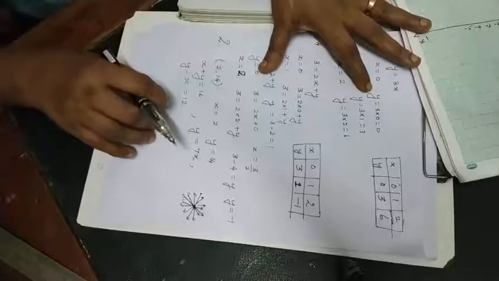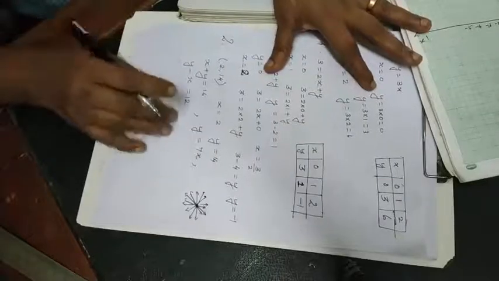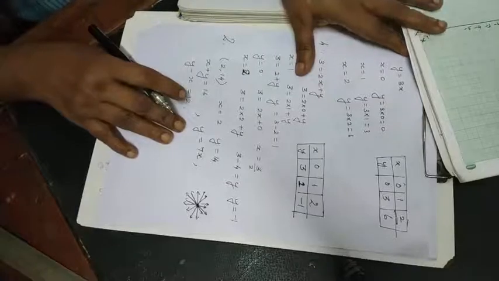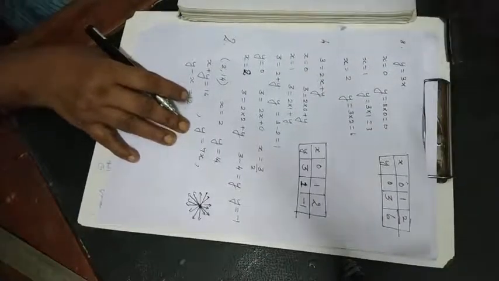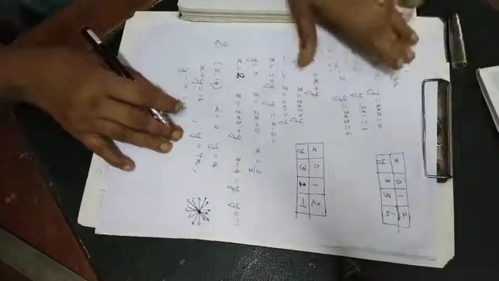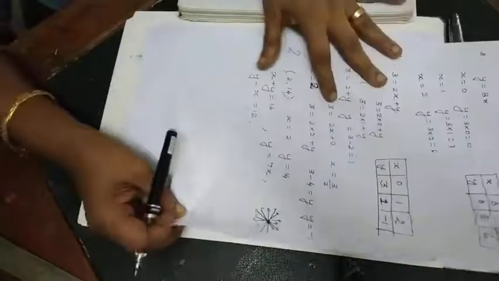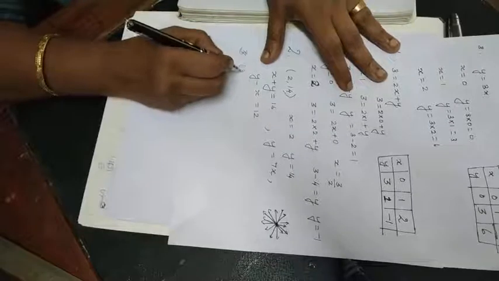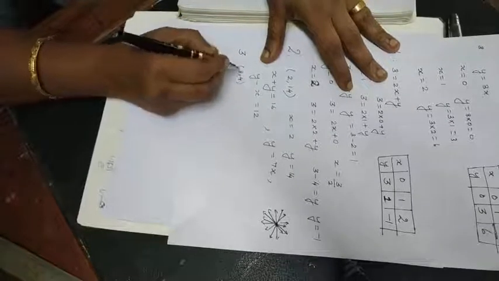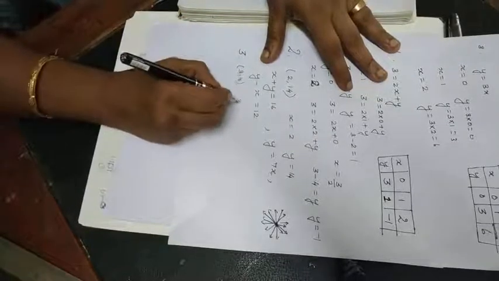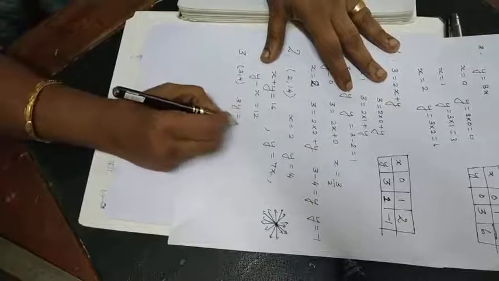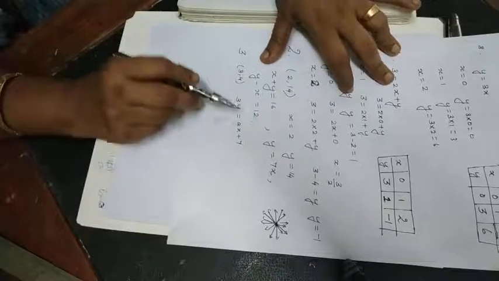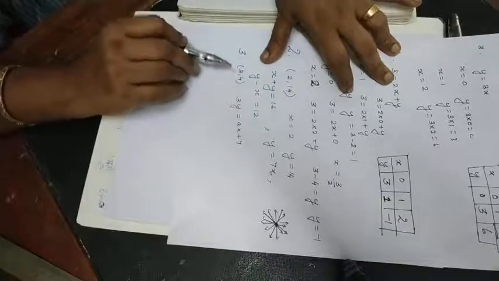Now the third question. If the point (3, 4) lies on the graph of the equation, you are asked to find out a. So what is given in the third question? If the point (3, 4) lies on this equation, 3y is equal to ax plus 7, that means it will satisfy this equation.